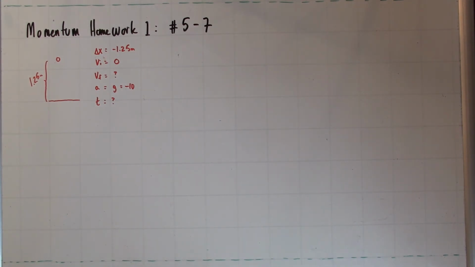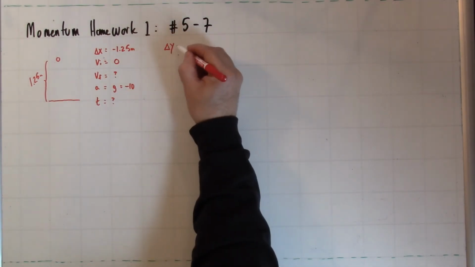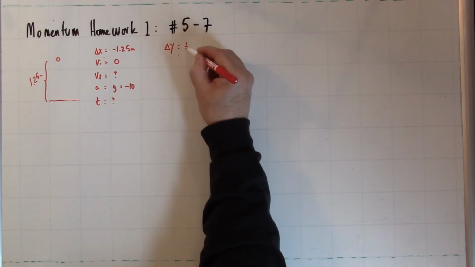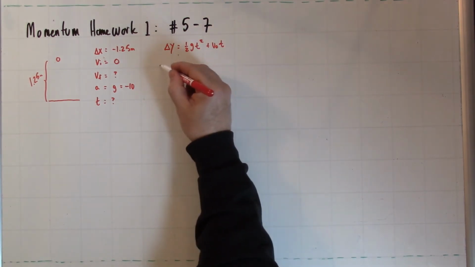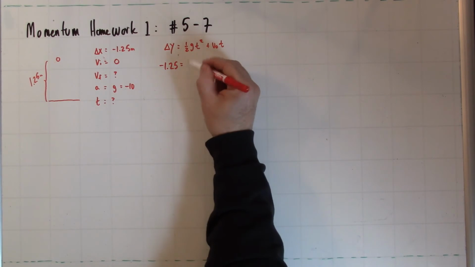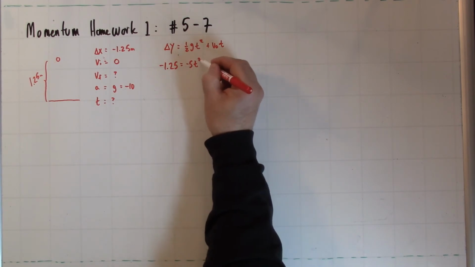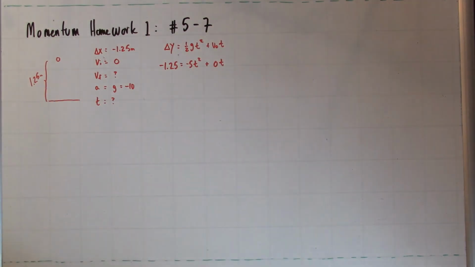So this problem can be done pretty simply with some skills that we have from before. We can use this equation: delta y is equal to 1/2 g t squared plus v0 t. We can plug and chug. Negative 1.25 is equal to half of g, which is negative 5, times t squared, plus you dropped it, so this is 0t.